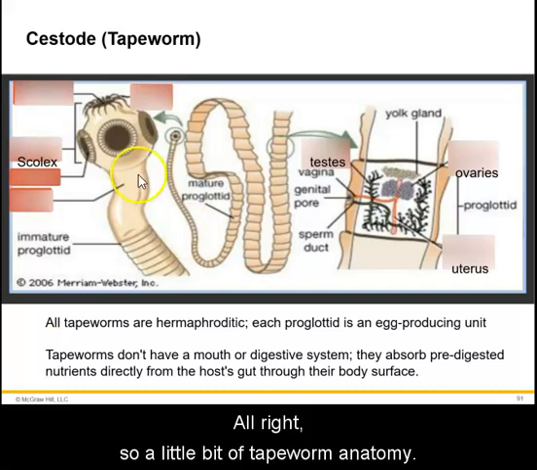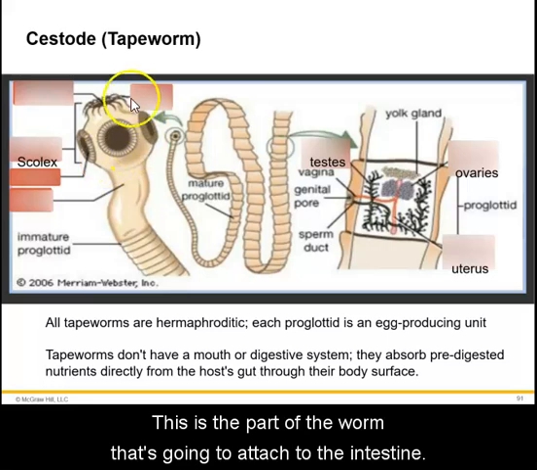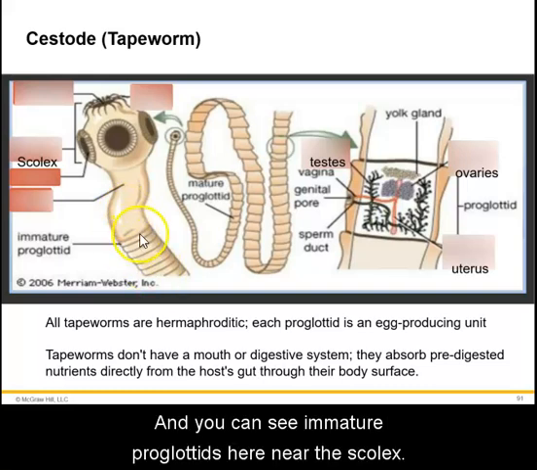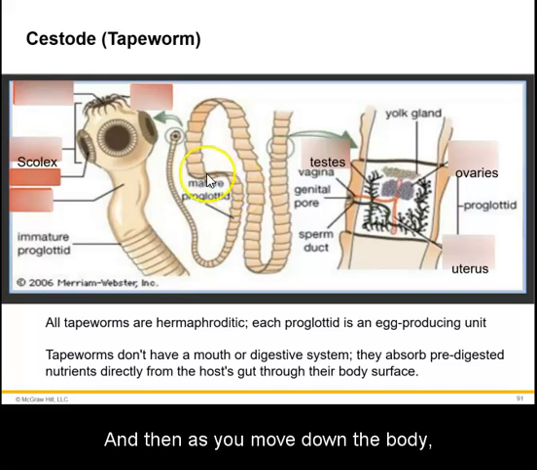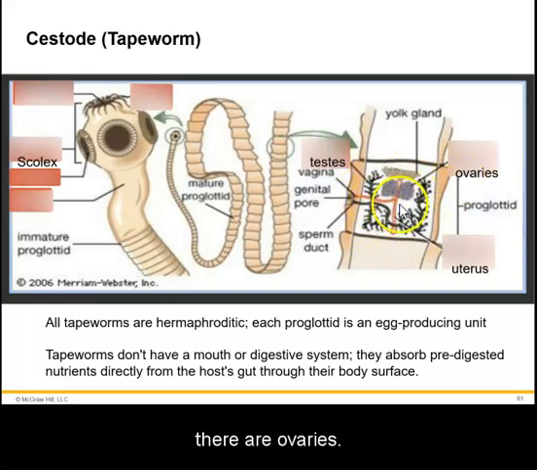All right, so a little bit of tapeworm anatomy. Here you have the scolex. This is the part of the worm that's going to attach to the intestine. Here you have the body, and you can see immature proglottids here near the scolex, and then as you move down the body, the proglottids become mature. And inside of each proglottid, there are testes, there are ovaries.